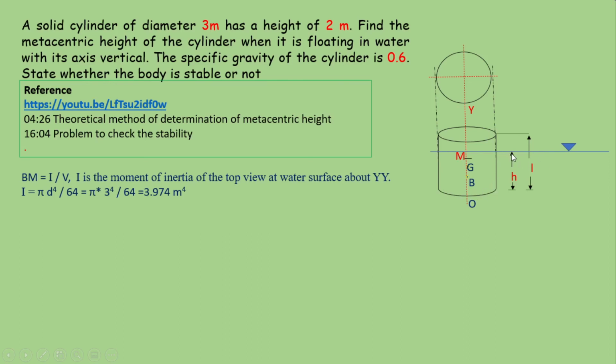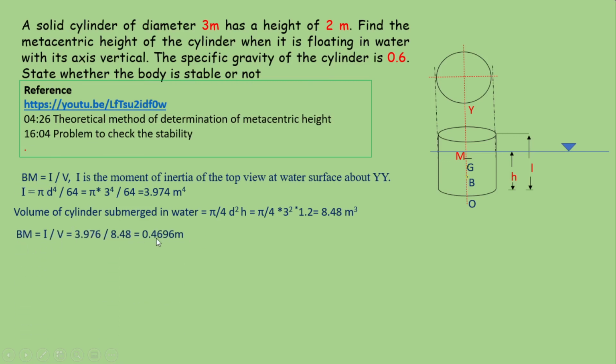The depth of immersion we calculated as 1.2 meter. So the volume of cylinder submerged in water is equal to pi by 4 into d square into h, that is equal to 8.48 meter cube. We have learned previously that BM equal to I by V. So we can calculate BM, that is equal to 0.4696 meter.